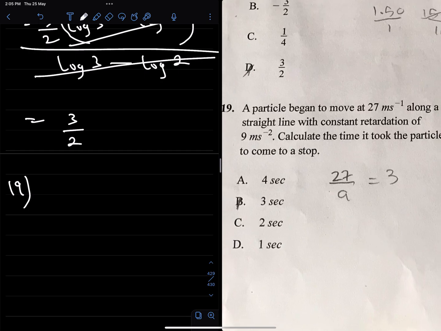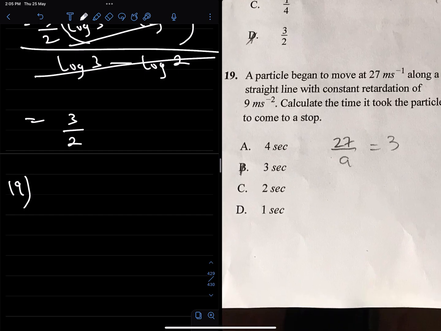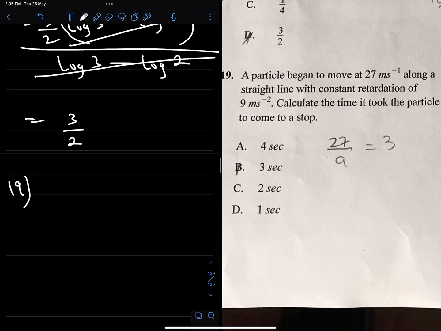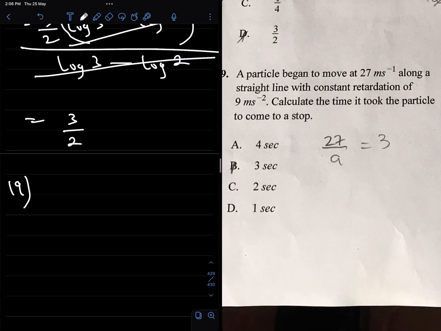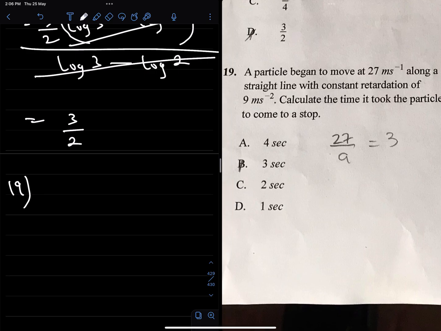Number 19 says a particle began to move at 27 meters per second along a straight line with constant retardation of 9 meters per second squared. Calculate the time it took the particle to come to a stop. It began to move at 27 meters per second.